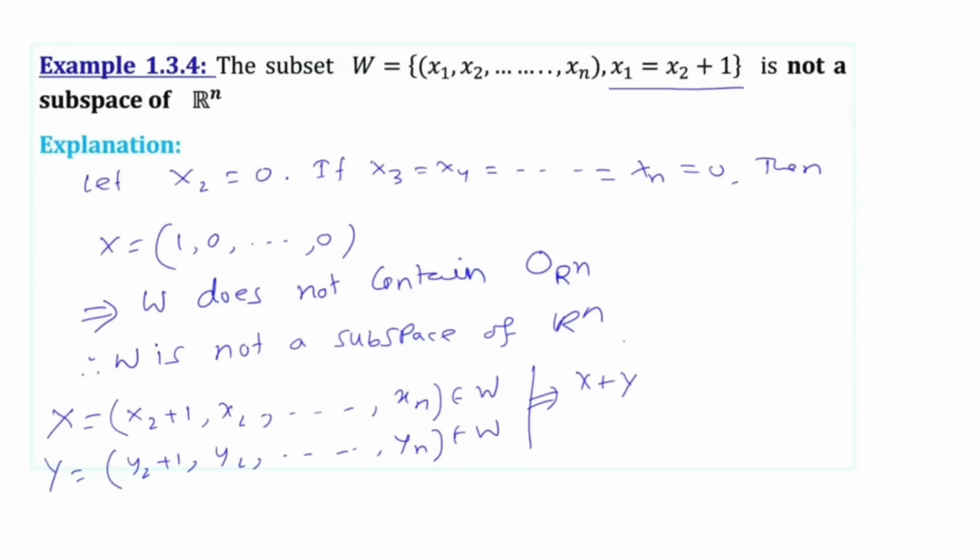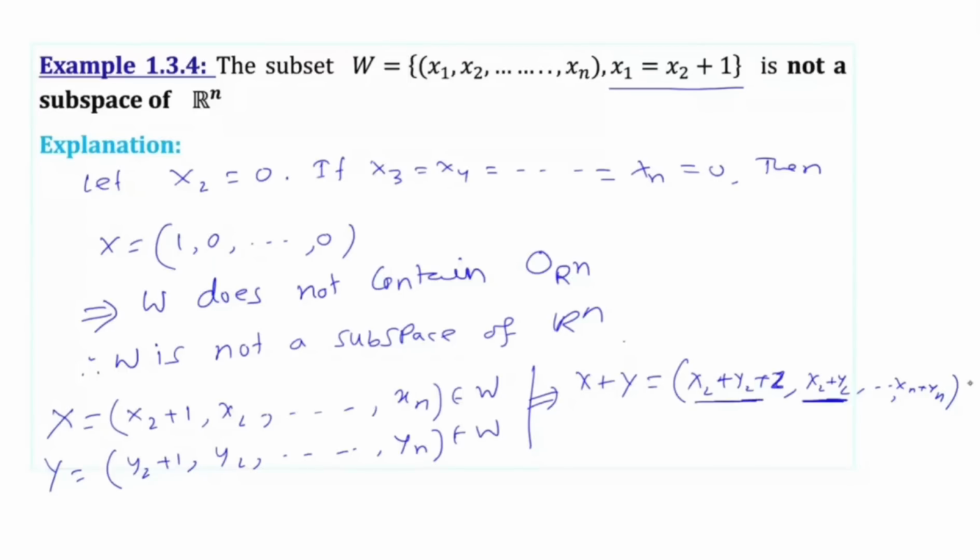Now if you add them, x plus y, you will get (x2 plus y2 plus 1, x2 plus y2, and so on, xn plus yn).